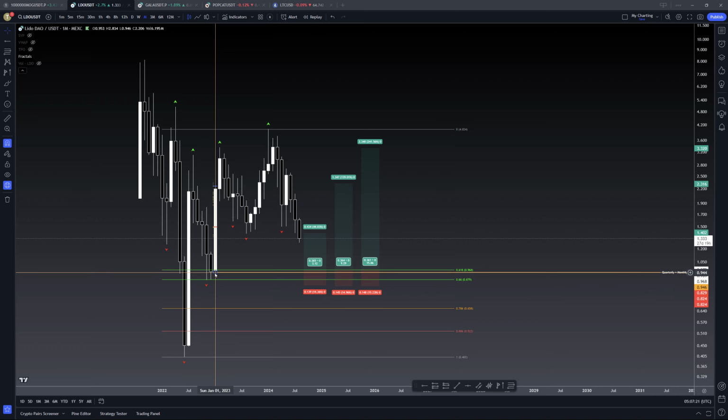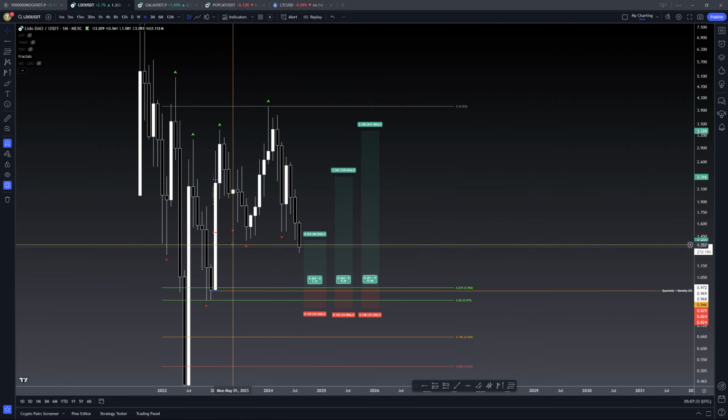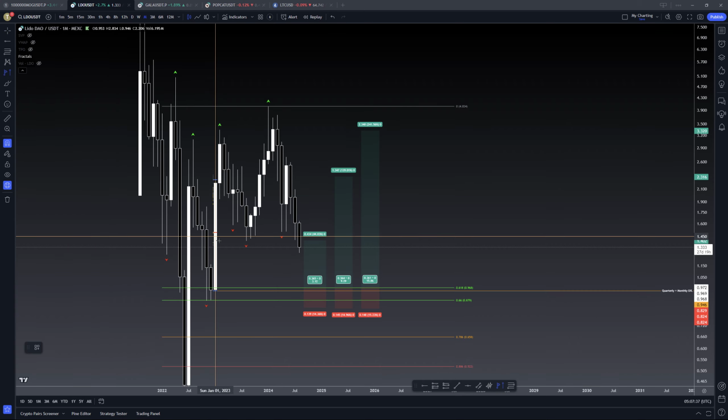Boom. You can see that value area low right there. If I bring this to the front, you'll be able to see that blue line. Blue line right at our quarterly. And then check this.